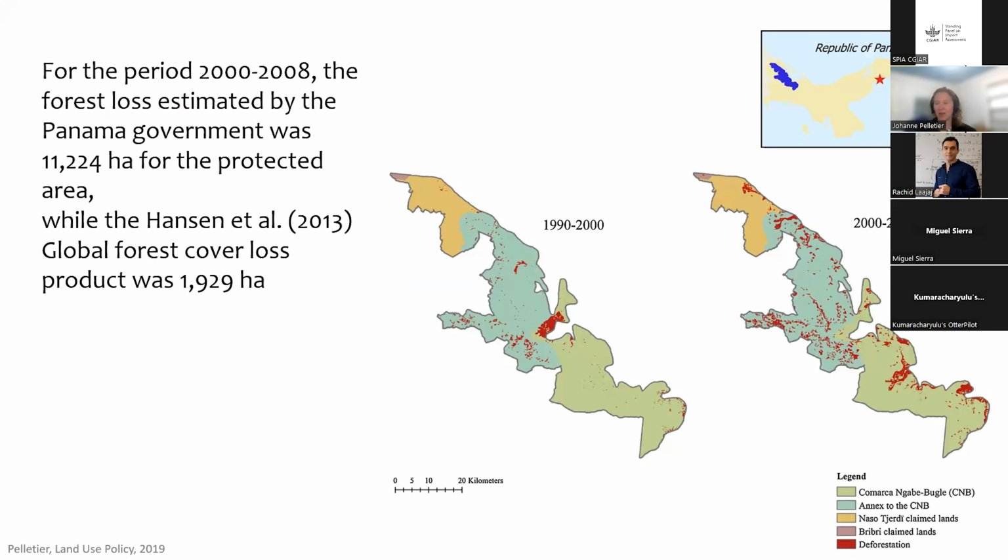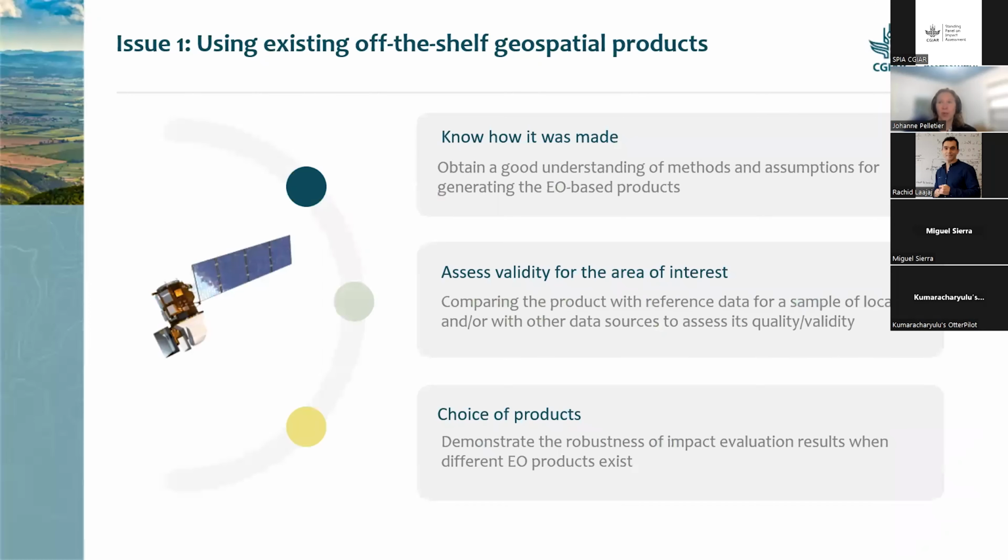Definitely the area is complex. There's a lot of agroforestry going on, especially cocoa agroforestry and shifting cultivation. But sometimes it means that global products just are not well representing the area of interest that you're trying to work with.